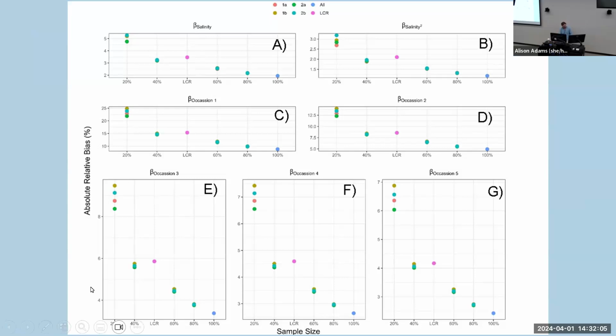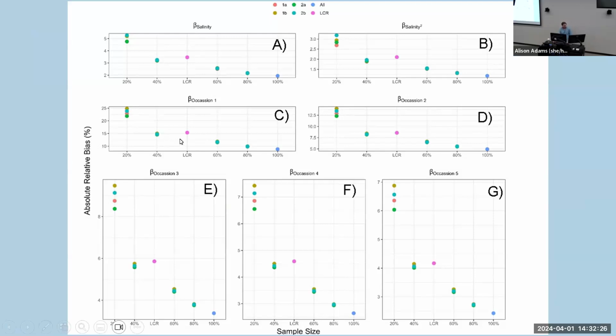However, as we increase to 40, 60%, they all seem to converge, indicating that we don't necessarily see increased model precision from the different sampling protocols as we increase our sampling effort, at least for the sample size we have here.